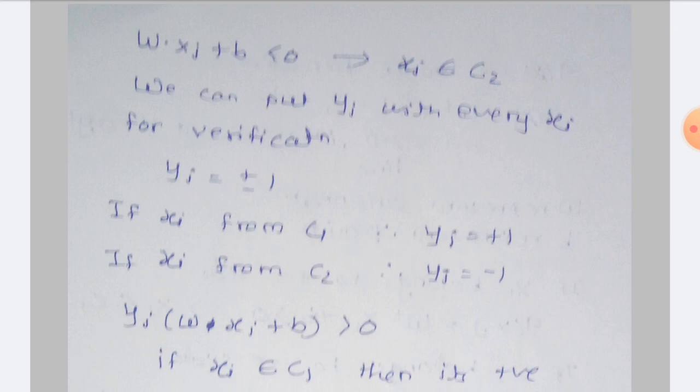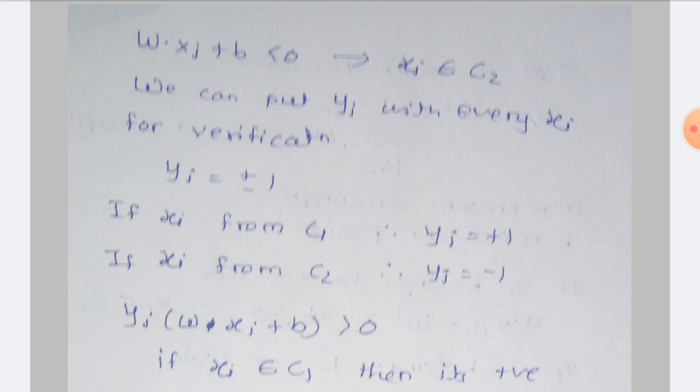Now, what is written here, yi times (W dot xi plus b), is always greater than 0 if my classification system is correct. Let us check how it is always greater than 0. Let us consider my data point belongs to class 1. Then W dot xi plus b is a positive term, and for class 1, yi is plus 1.